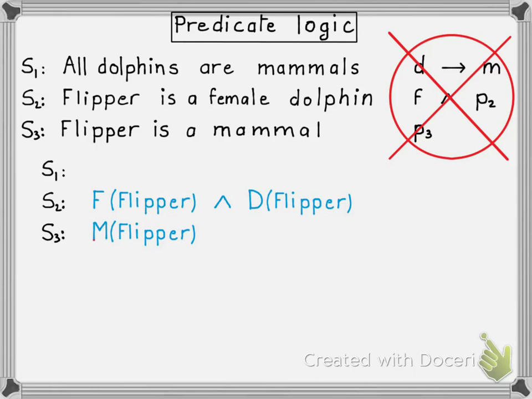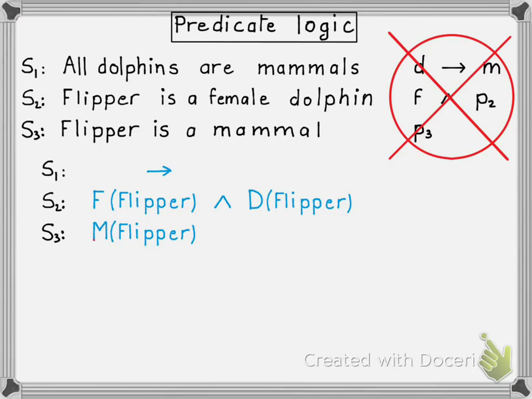So let's put in the logical connective for the conditional, and let's work on the premise of that connective. So the premise is something is a dolphin. So we're going to use the predicate D for being a dolphin.